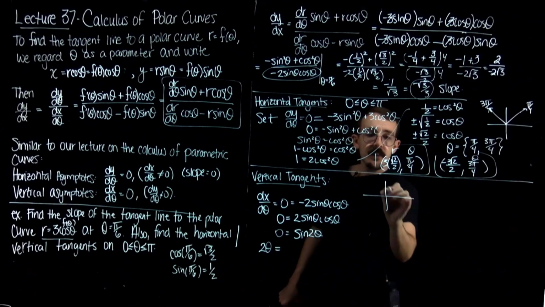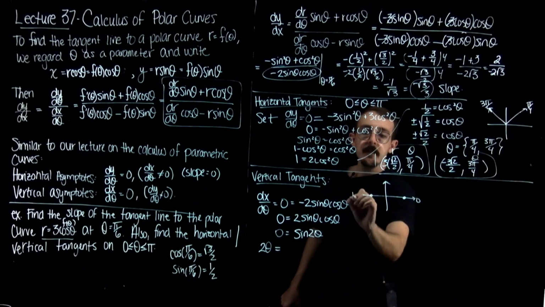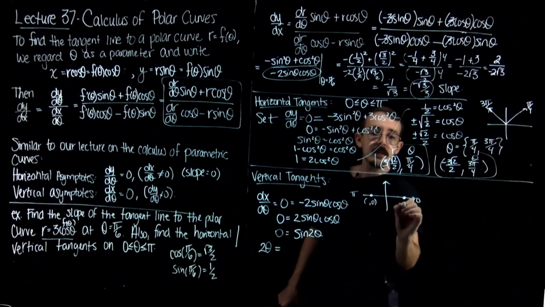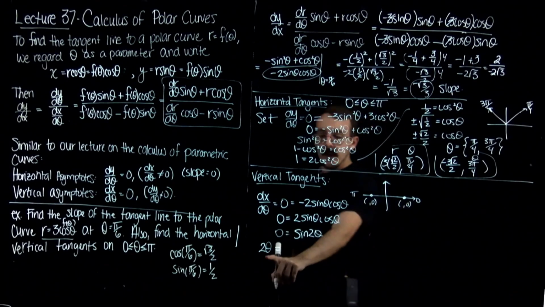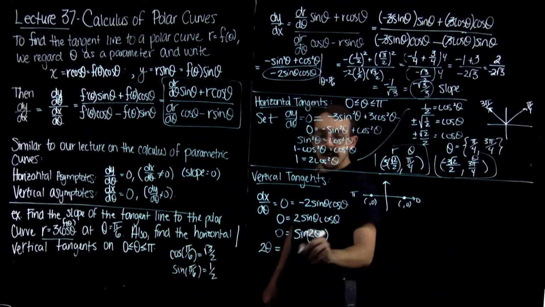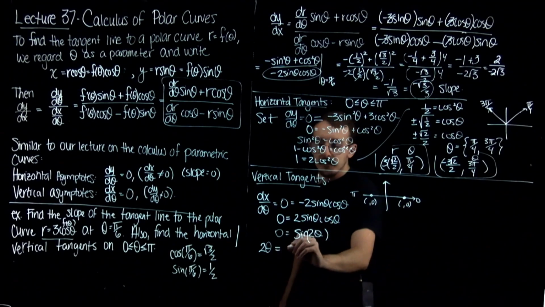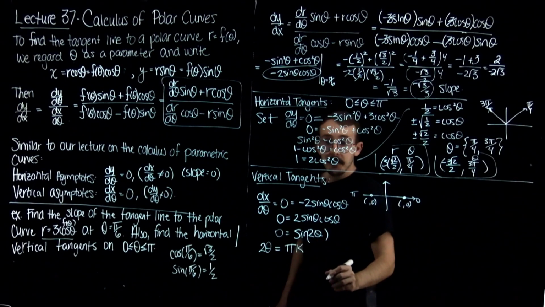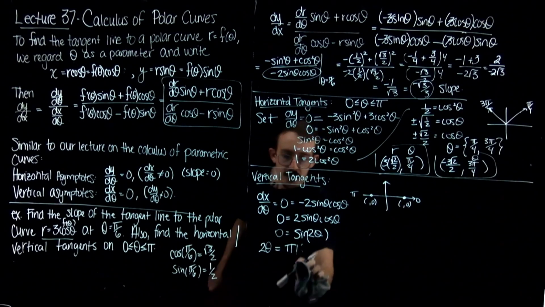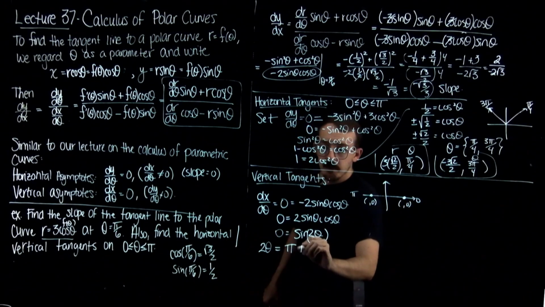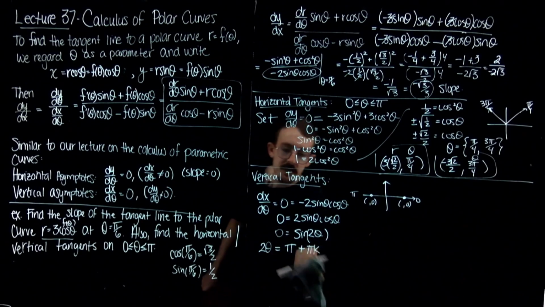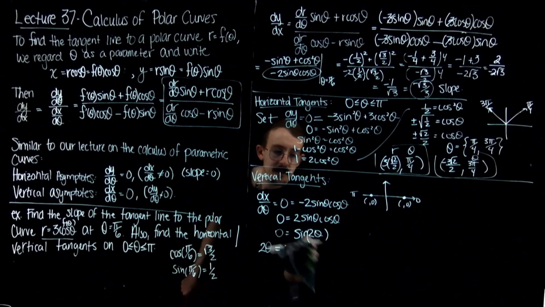So if you're thinking about the unit circle, where are the angles where sine is 0? Well, it's at 0 and pi. That's where you have 0 for the y coordinate. So this 2 theta here, I need to make sure that it's equal to some multiple of pi. So I'll say pi k. I'll just do that.